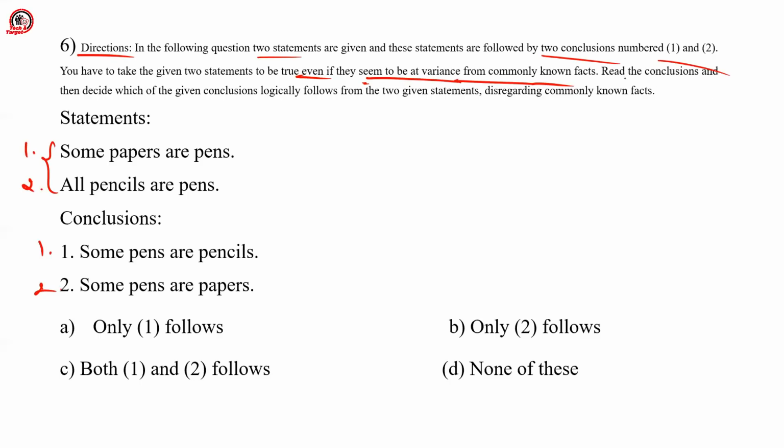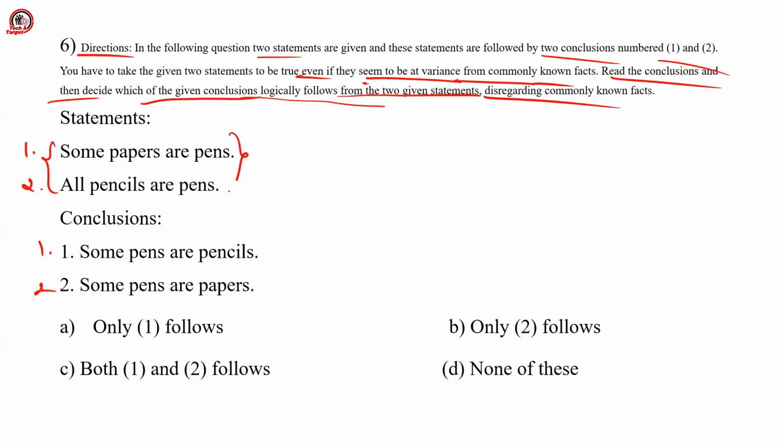Now, after that, you have to read the conclusions and then decide which of the given conclusions logically follows from the two given statements, disregarding commonly known facts. So what does this mean again? You do not worry about what the actual fact is.